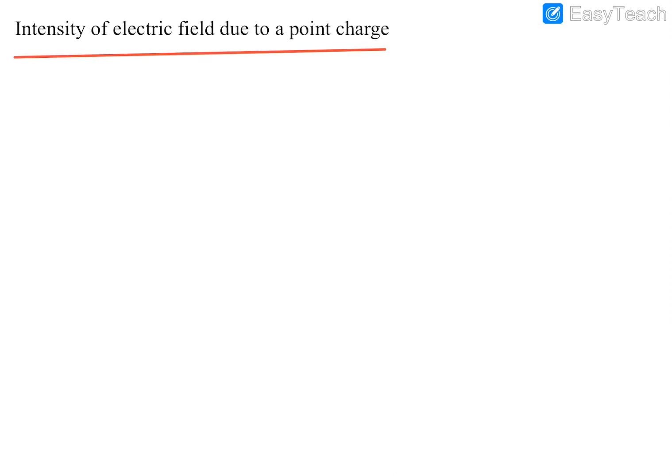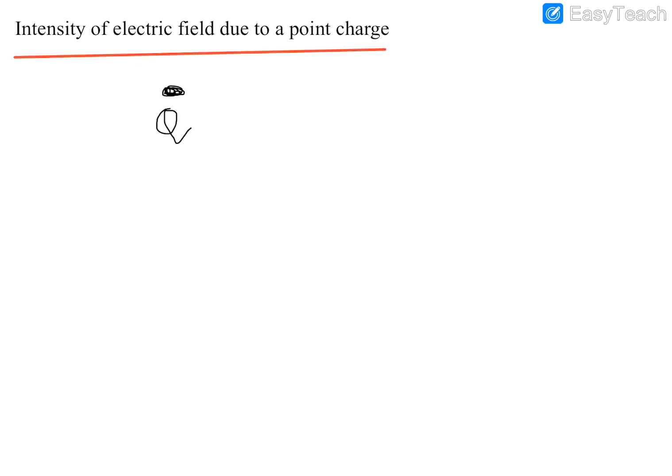Now let us derive the equation for intensity of electric field at a point due to a point charge. For that, let us consider a charge placed at a point. For simplicity, let us consider that a charge Q you are placing here. Due to this plus Q charge, this charge will have its own electric field because it can exert attractive or repulsive force on any other charge when placed near to it.